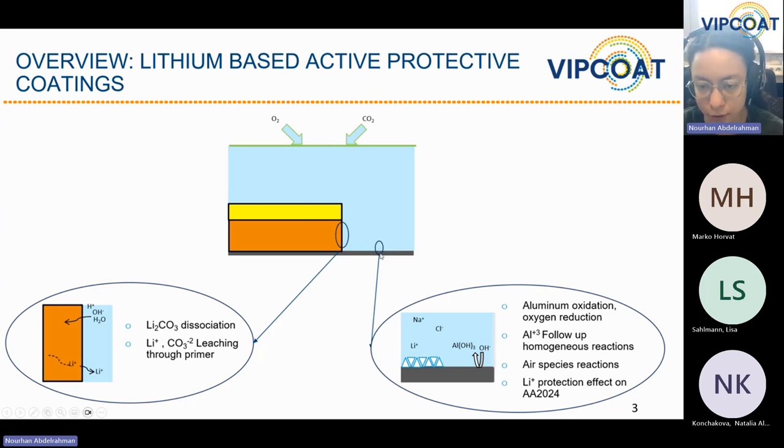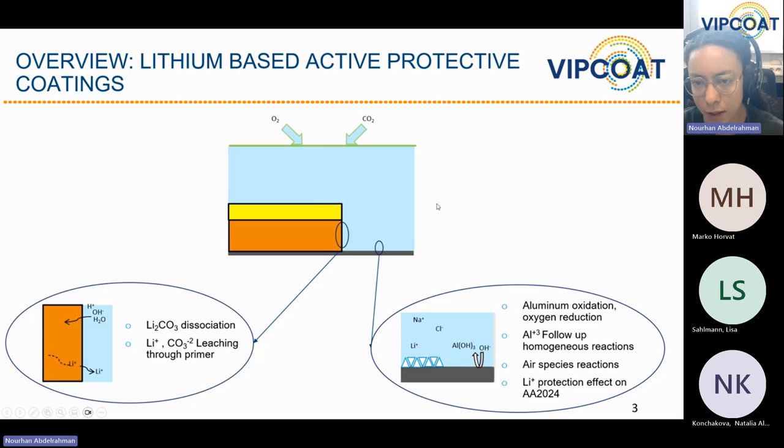Initially, when we have the defect, we will have the corrosive effect, so aluminum oxidation is occurring. And then later, as the lithium carbonate takes effect, how this protection effect is limiting the rate of corrosion.